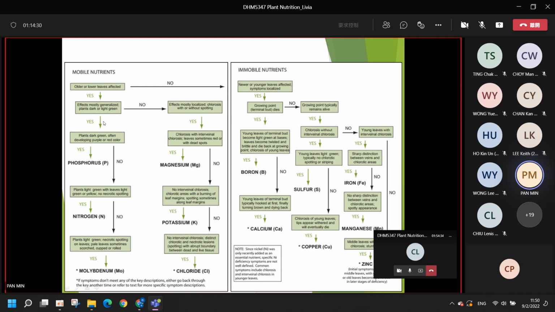the plant, mostly generalizing it as dark or light green, which means that it will affect the chlorophyll production, and also the color. You can know that if the color shows as developing purple, red, or reddish color, it is caused by phosphorus deficiency.